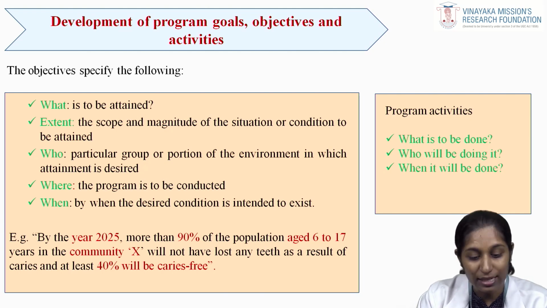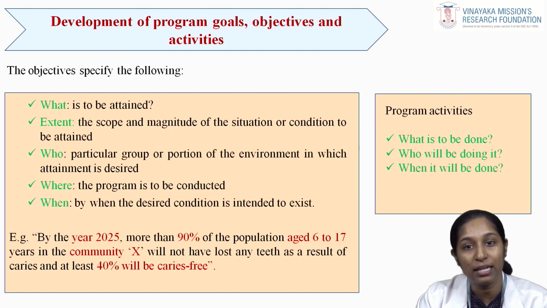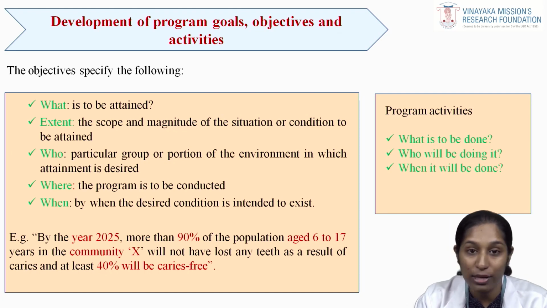For example, by the year 2025, more than 90% of the population aged 6 to 17 years in community X will not have lost any teeth as a result of caries, and at least 40% will be caries free. In this example, you can see that the stipulated time is mentioned, the condition is specified, and the population is specified. This is how an objective should be designed.